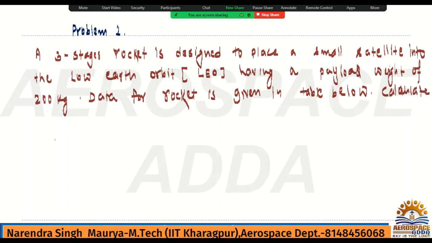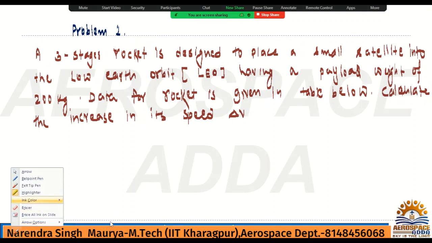Calculate the increase in its speed, which is delta V. So they are asking delta V. How many stages do we have? 3 stages. Check this table, all the data they have given to us.